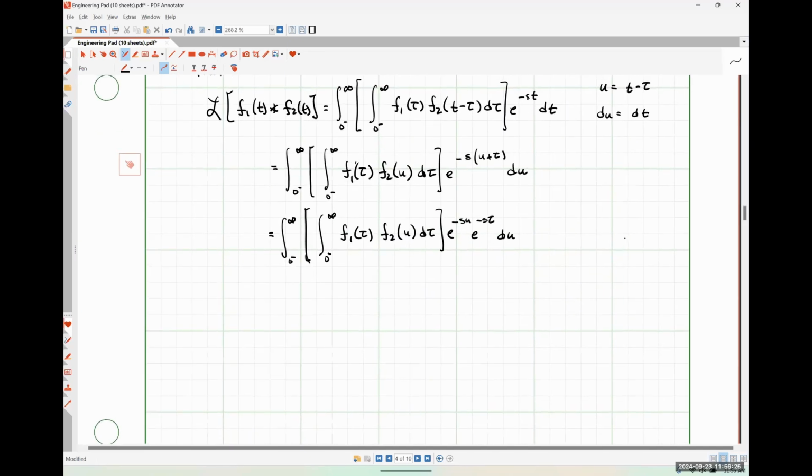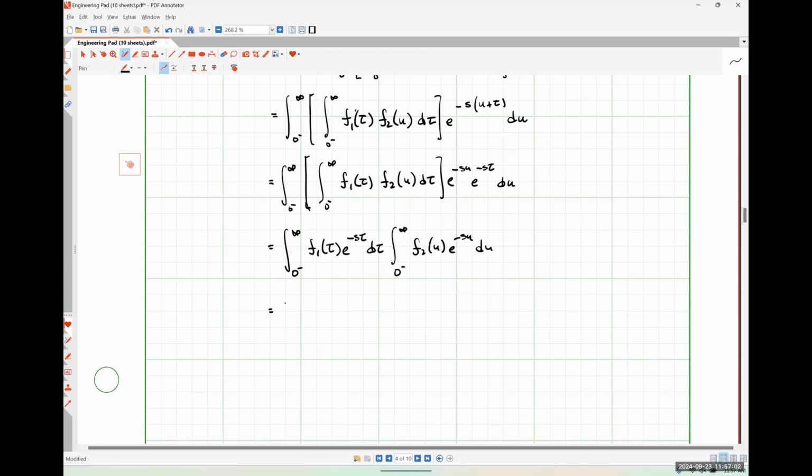And so that's going to wind up allowing me to split those integrals up, because I have everything that's constant with respect to u in one integral and everything that's constant with respect to tau in the other integral, so that I get 0 minus to infinity of f1 of tau e to the negative s tau d tau multiplied by 0 minus to infinity of f2 of u e to the negative su du, which is just F1 of s times F2 of s.